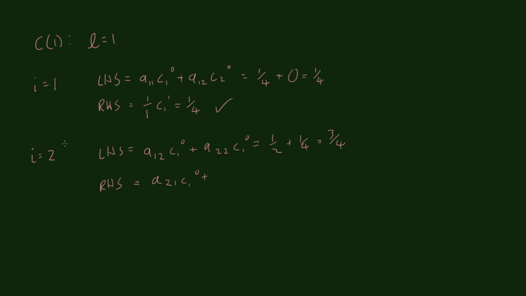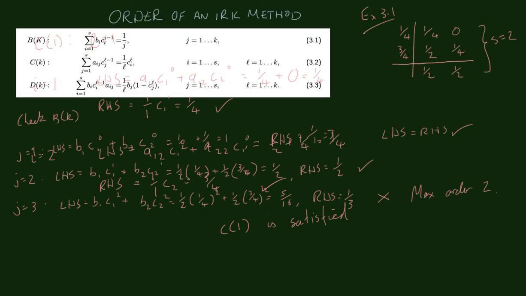The right hand side is 1 over L, so 1 over 1 times C2 to the power 1, so that's just whatever C2 is, which is 3/4. So we can see the C1 condition is satisfied.